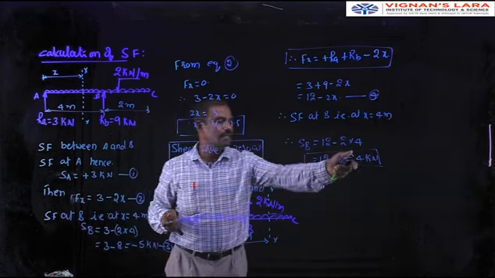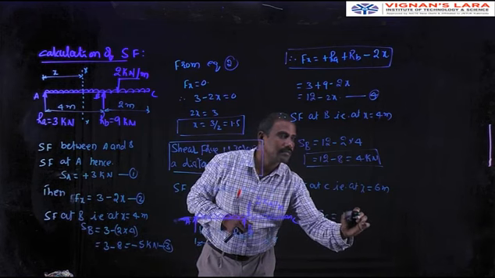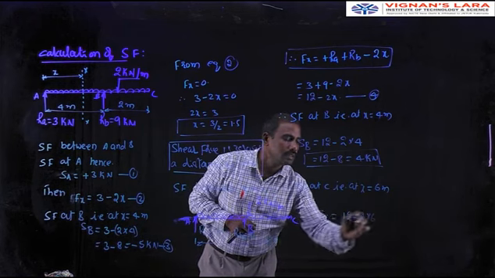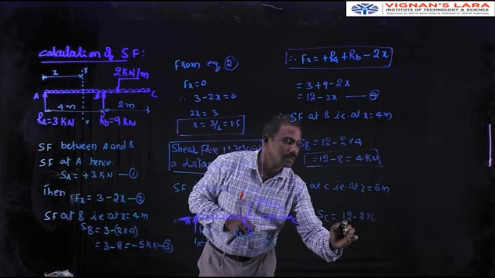Then SF at C, that is at x equal to 6 meters. Therefore, SC is equal to 12 minus 2 into 6, that is equal to 0.